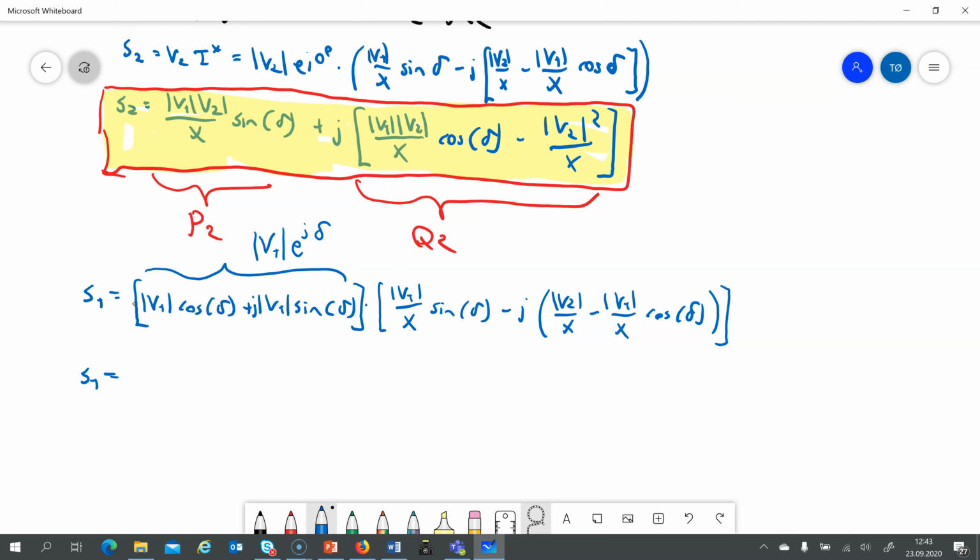And we get then V1 squared divided on X cos delta sine delta. So just multiply this with this.